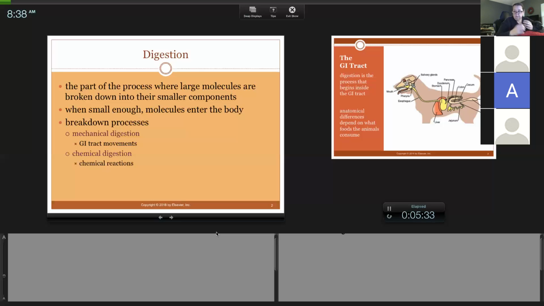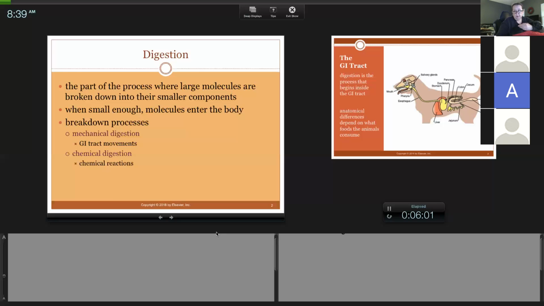Stomach churning, stomach contractions. Chemical is when the food meets the acid of the stomach, or the pH of the small intestine, and also digestive enzymes. So that is the chemical component of digestion. You need both, so we have to have both mechanical and chemical.